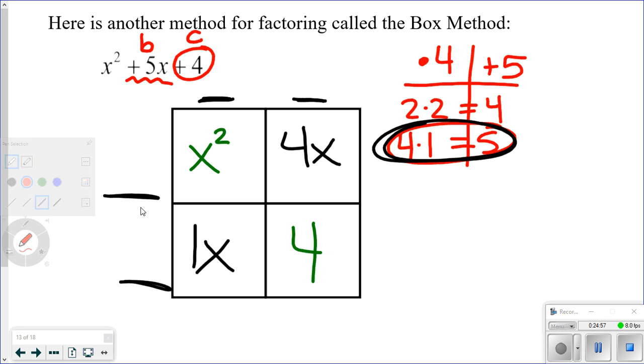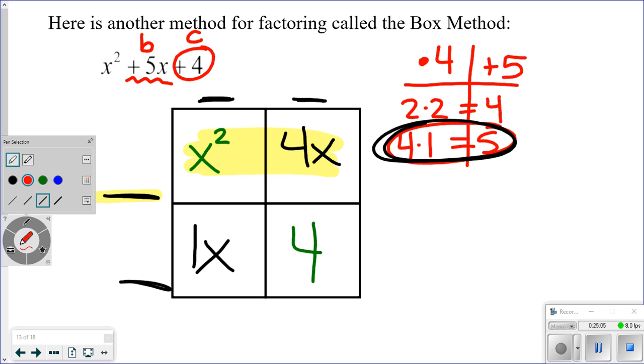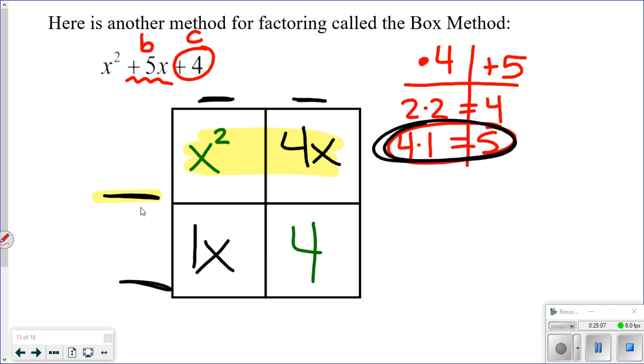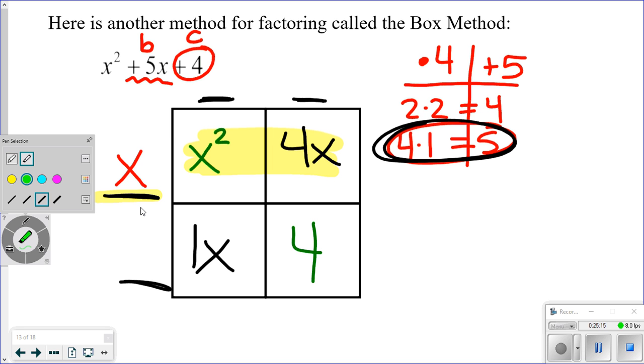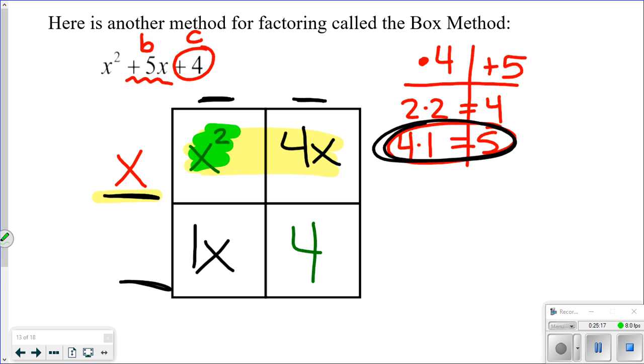So pulling out a GCF. So look here, I'm going to look at these two, and whatever their GCF is, I'm going to put it here. So they don't share any numbers in common, but what do they share? They share an x.